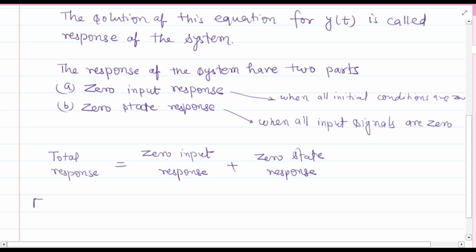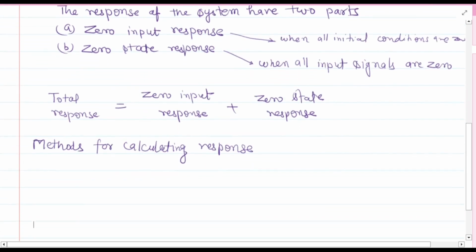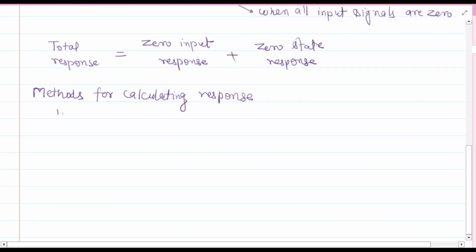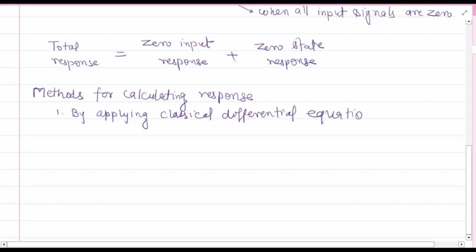How to calculate the response? The total response of the system can be obtained by the following three methods. The first method is to apply the classical method of solving differential equations. There are many methods in mathematics that you have already studied.